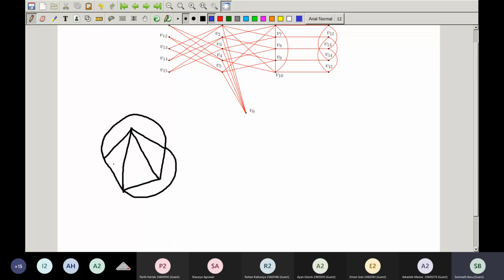I cannot draw it this way because then there's an intersection. I cannot draw it from here either because even then that will intersect. Right? I could draw it like this, but that also intersects. And I could draw it like this. Then that will intersect, and you cannot prove this, but at least by drawing you can convince yourself that there's no way to draw K5 on the plane where the edges don't intersect, right?